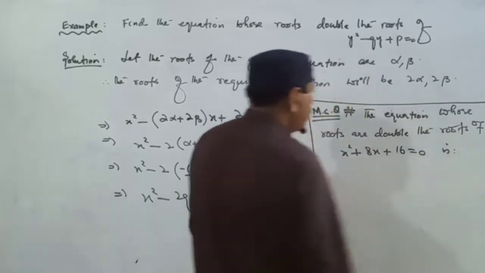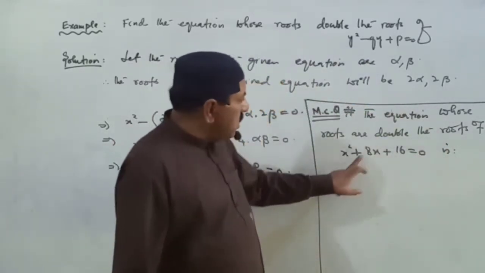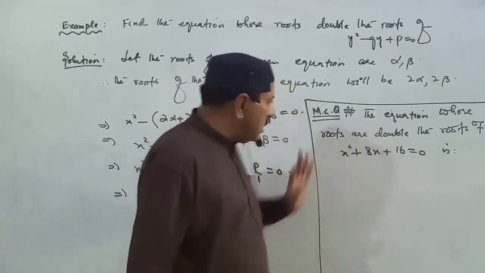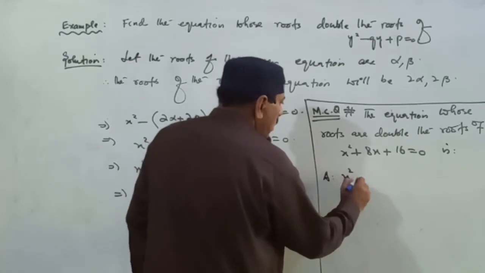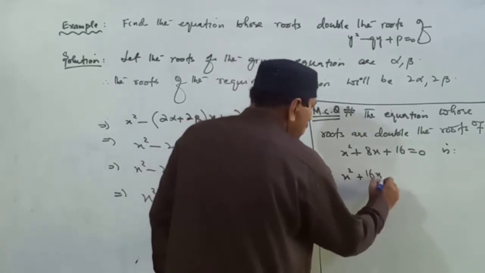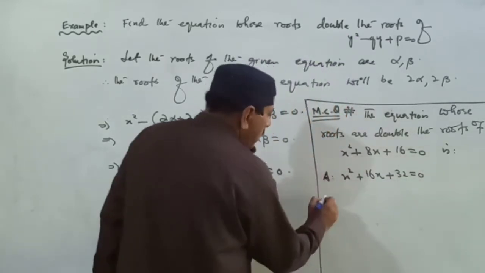A is the option, x square plus 16x plus 32 is equal to 0.